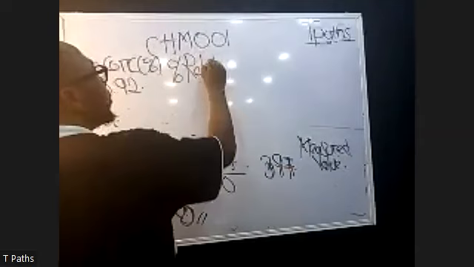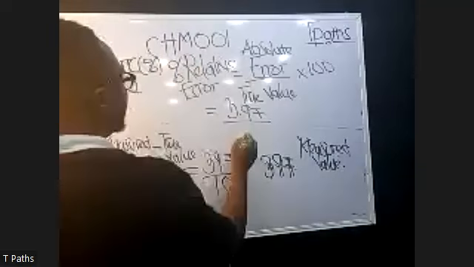So the absolute error here is 3.97, and the true value is 3.92, times 100%.